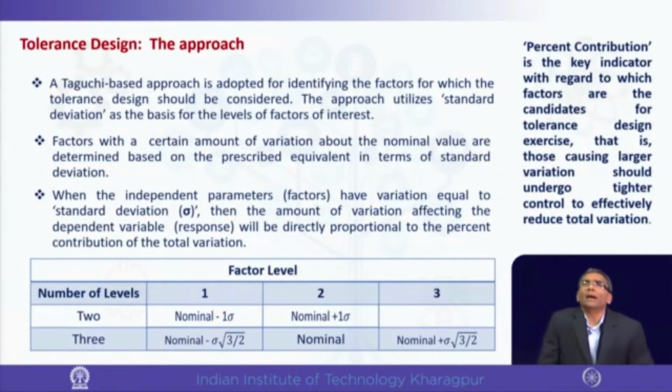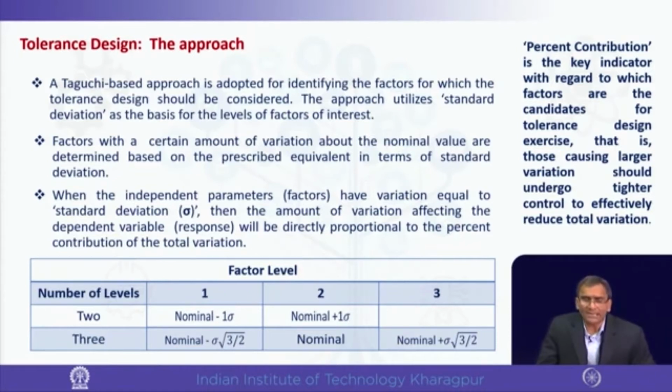Here I would just give you a glimpse of the tolerance design. As I said, it is a Taguchi based approach, but it actually works on the principle of standard deviation, which we normally express as small sigma.